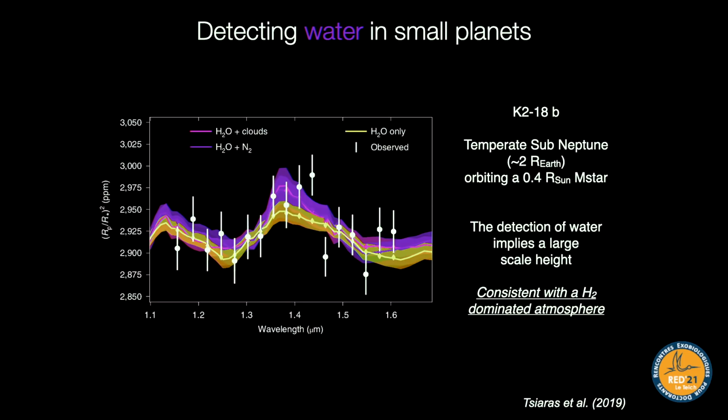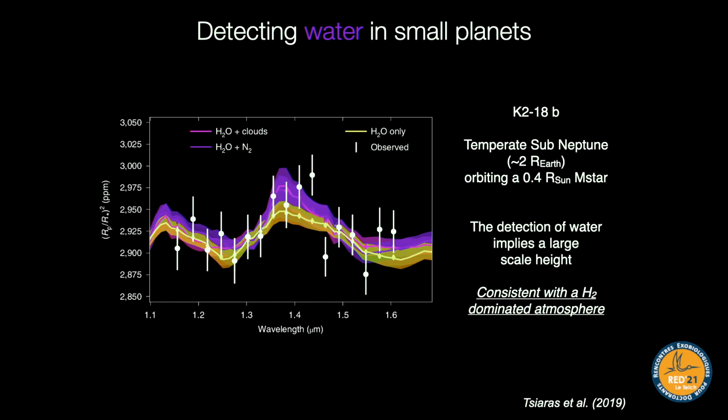And so what is interesting here is that this spectrum shows us the presence of water. And that was actually very interesting because that was the first detection of water for a planet that was as cold, and cold enough maybe to have actually water clouds in the atmosphere. This still points to the fact that this atmosphere is dominated by hydrogen.